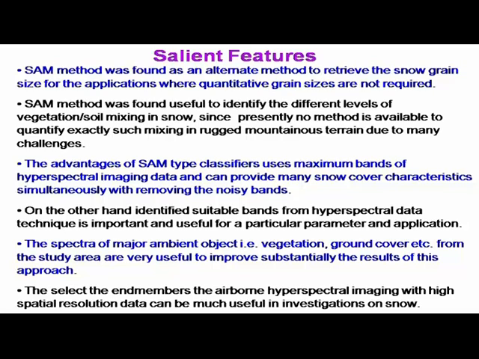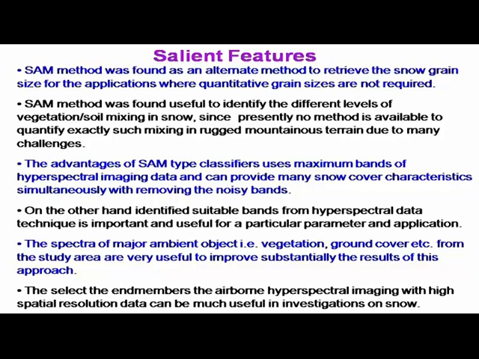So again the salient feature of this study was that the same method was found as an alternate method to retrieve snow grain size for applications where quantitative grain size is not required, so the qualitative is more. The same method was found useful to identify different levels of vegetation and soil mixing in snow, since presently there is no method available to quantify such mixing in rugged mountainous terrain because of the many challenges.